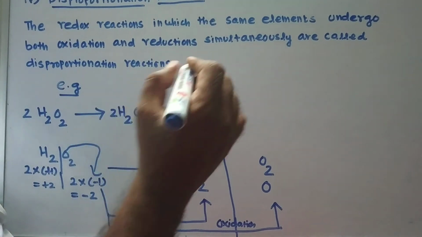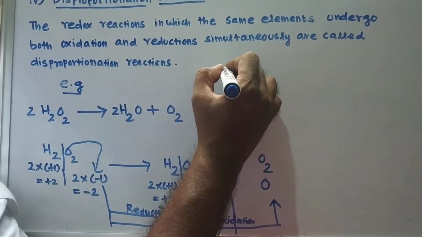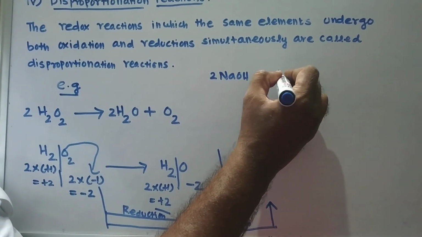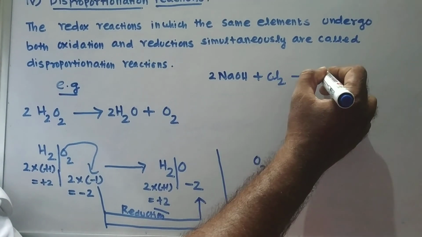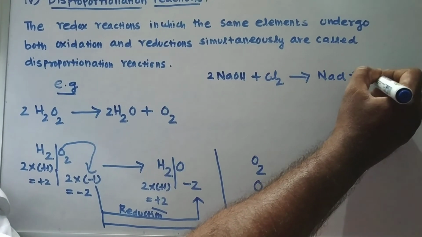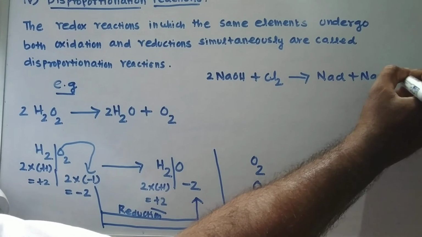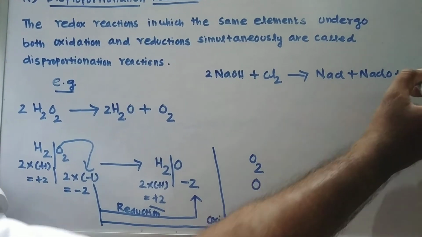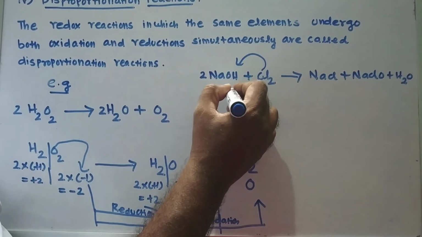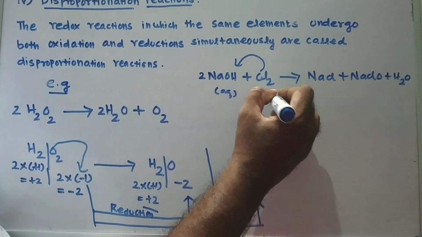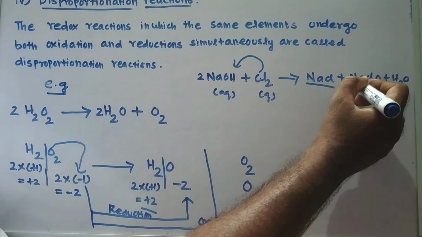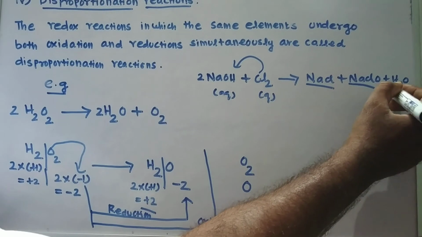Now, let us consider another example. 2NaOH and Cl2 becomes NaCl and also NaClO and also H2O. When chlorine reacts with aqueous sodium hydroxide, it forms sodium chloride, sodium hypochlorite and water.